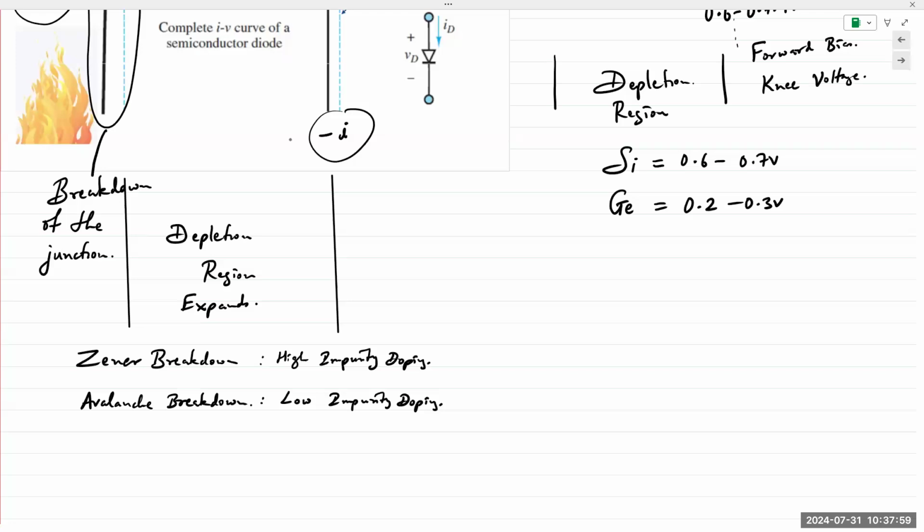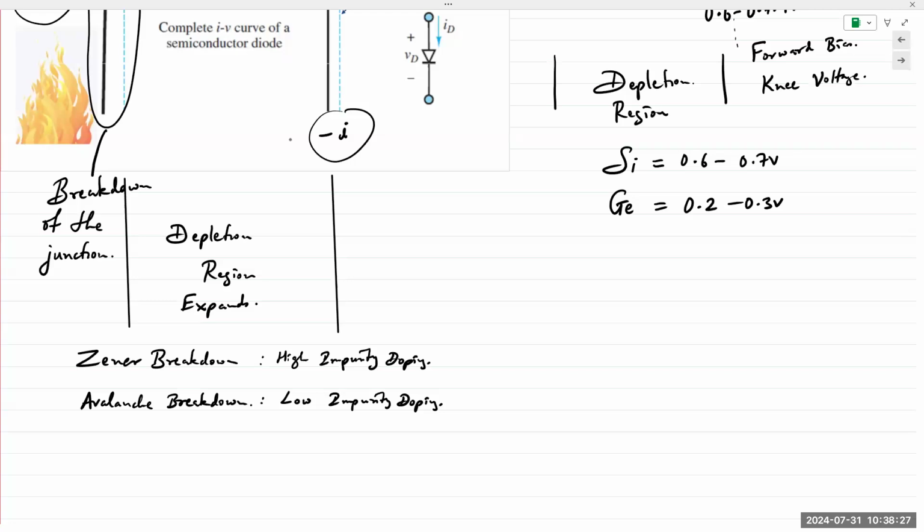So high impurity doping means you have a silicon or germanium material, and you flood the surface of the silicon material with a huge amount of impurity. Phosphorus, boron, doesn't really matter. Whatever that impurity material is, it's known as a dopant. The process of introducing the impurity is known as doping. So high doping means a very high dose of phosphorus, boron, arsenic, gallium into the semiconductor material.